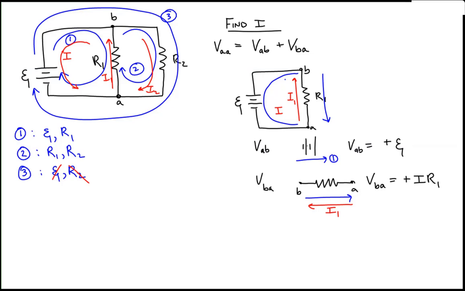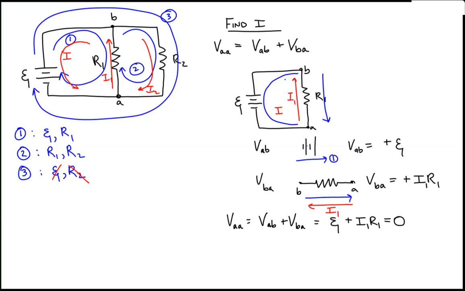So now if we do Kirchhoff's law for voltage, remember the voltage from A to A in our complete loop is the voltage from A to B plus the potential difference from B to A. We know that this is the EMF of the battery plus the product of the current, and I should have put a subscript 1 for the current through resistor 1, so the current through resistor 1 times the resistance of resistor 1. And since it's a complete loop, that must sum to 0.